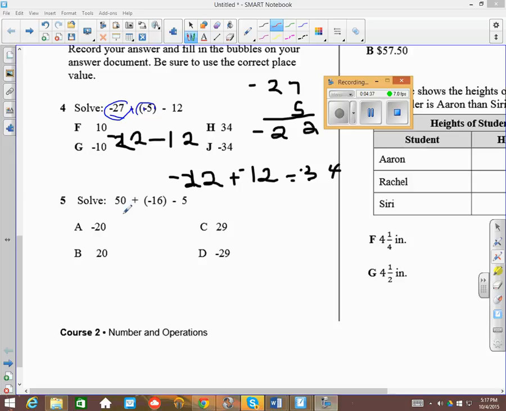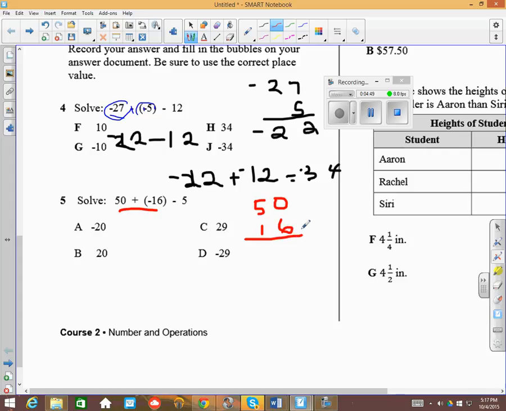Now we're on number 5. 50 plus a negative 16. There are different signs, so we have to subtract these two numbers. You can always check by addition to make sure you did it right.